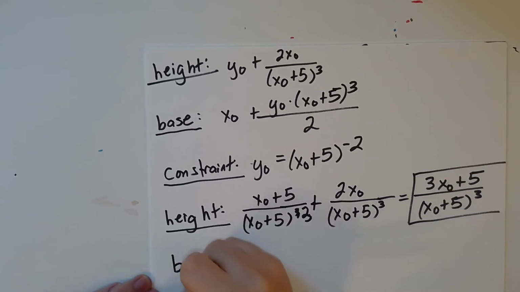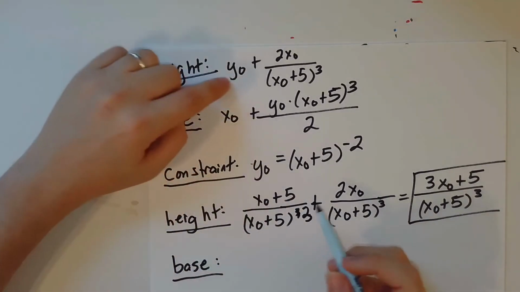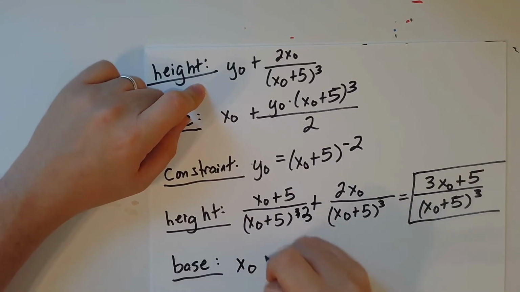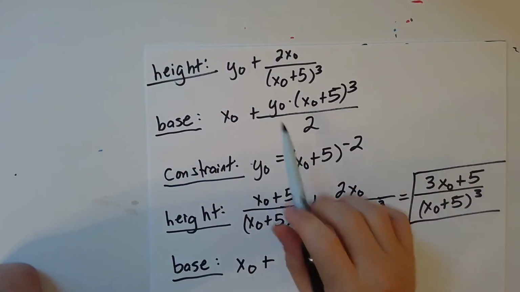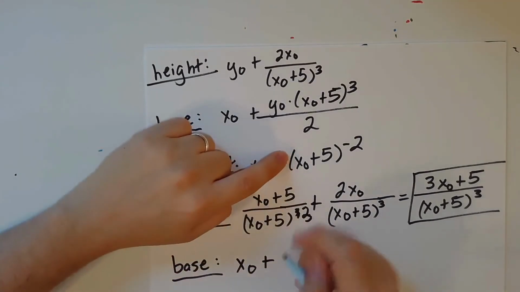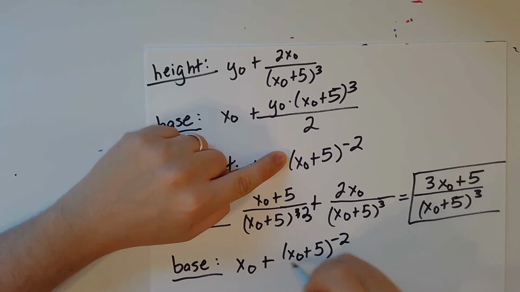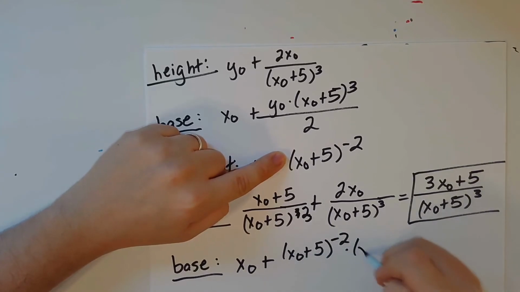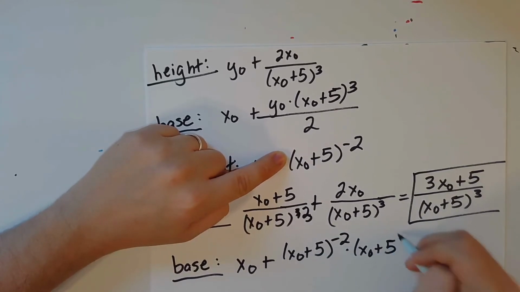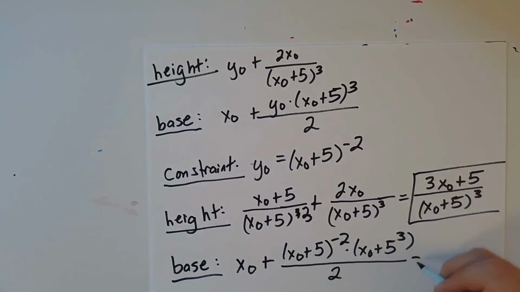Then our base, I want to simplify. I'll read it off from here: it is x naught plus, and y naught, remember, is (x naught plus 5) to the minus 2, times (x naught plus 5) cubed, all divided by 2.